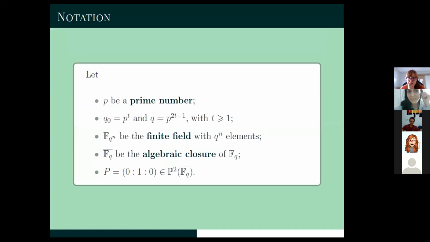I will start this talk with some notation that will be used in the whole presentation.